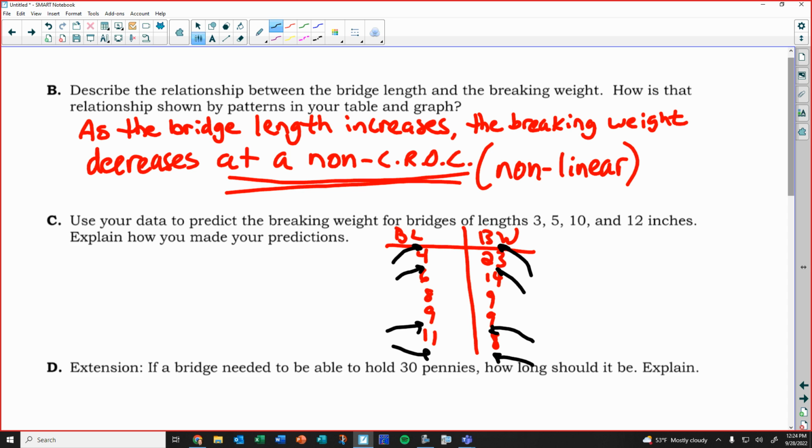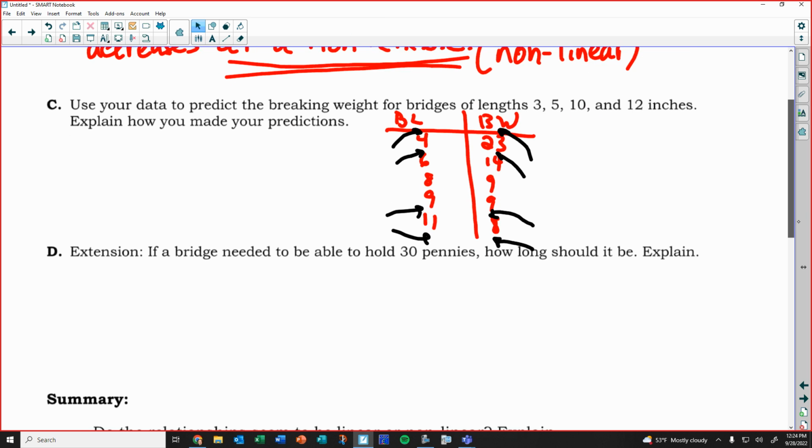So just some kind of method of thinking what we were looking for there in terms of how you were predicting. You want to write down for 12 inches like 37 pennies, because there's no way it's gonna be stronger than that 3-inch bridge. Okay. And then same thing up here. If you were able to hold 30 pennies, well, we know that at the 4-inch bridge it held 23.